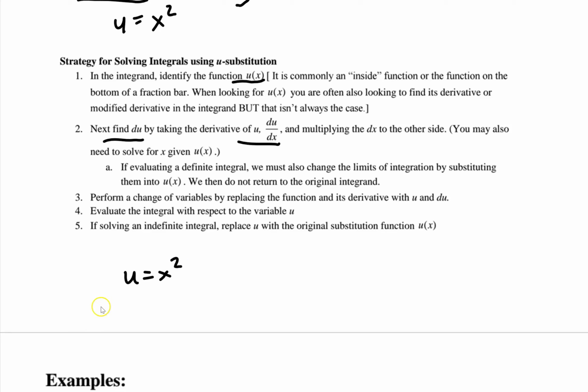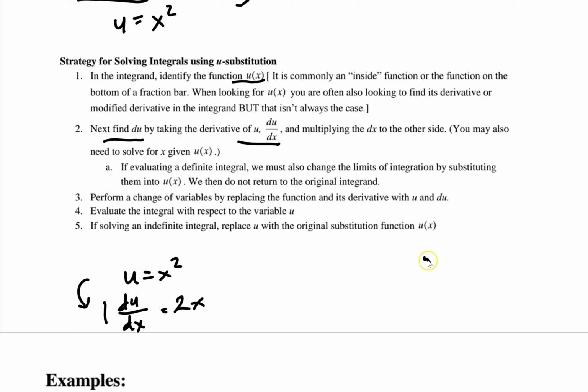So the derivative of u with respect to x is du over dx. Just trust me, you talk about this more in AP Calc. The derivative of u is going to be du over dx. And then over here, it's the normal derivative, 2x.